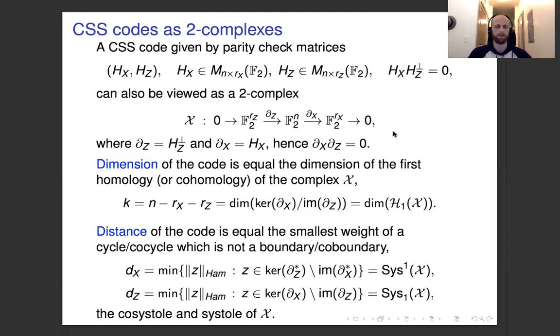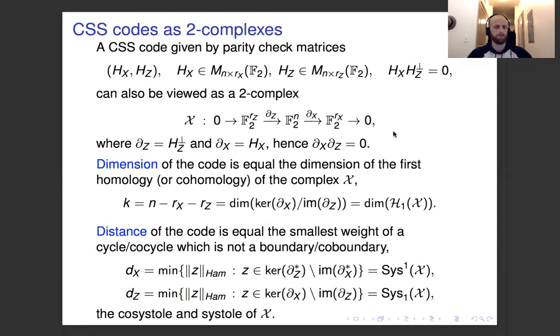Each of them has an interpretation in terms of notions coming from metric geometry. The x distance is the cosystole constant of the complex, and the z distance is the systole constant of the complex, where the cosystole constant means the minimum size of a cocycle which is not a coboundary, and the systolic constant means the minimal size of a cycle which is not a boundary.